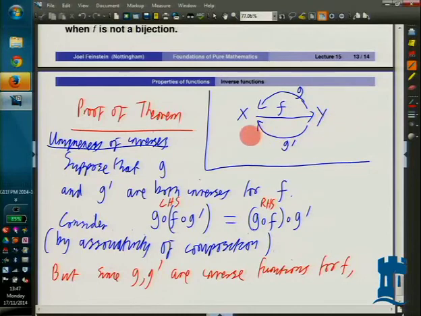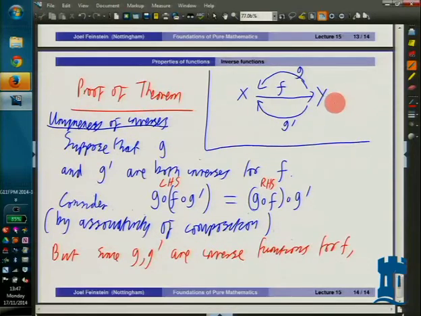If you do g prime first and then f, you must get back to where you started on Y, which means you get the identity map on Y. So f composed with g prime is equal to the identity map on Y.